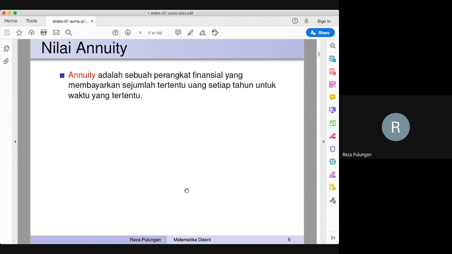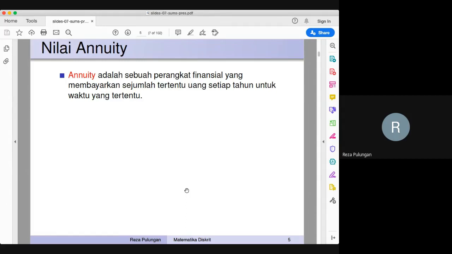An annuity is a financial tool that basically pays you a fixed amount of money every year for a duration of time. Sometimes you receive an inheritance, for example from your rich uncle, who gives the money to the bank and gives you an annuity for the rest of your life.